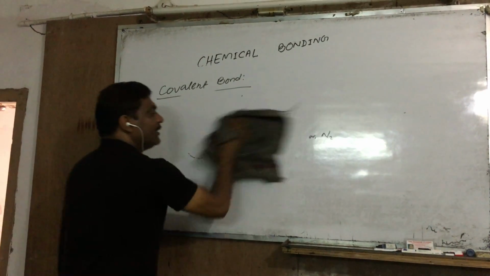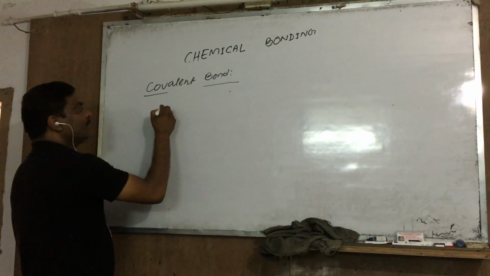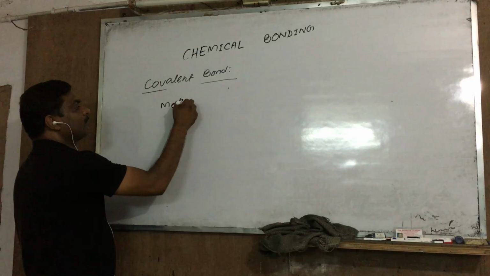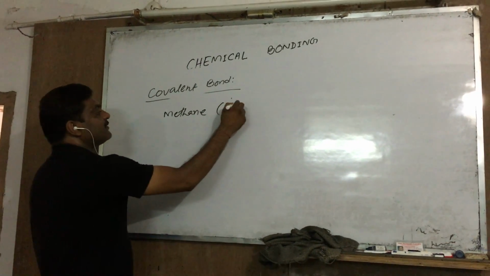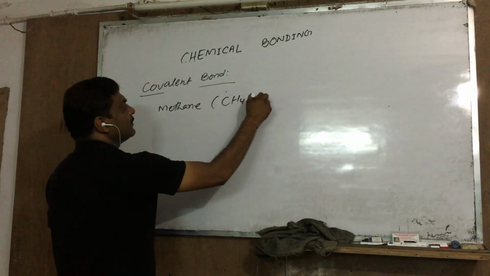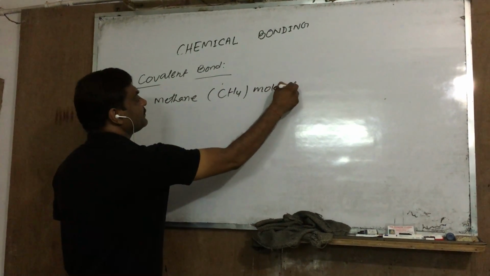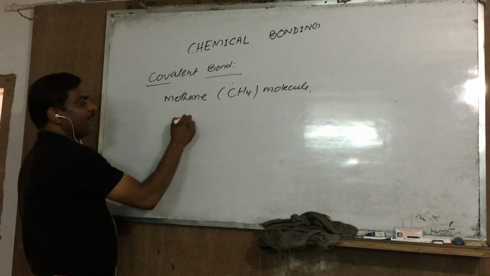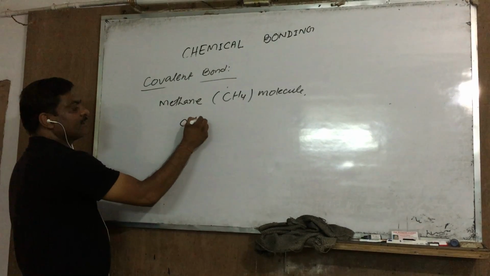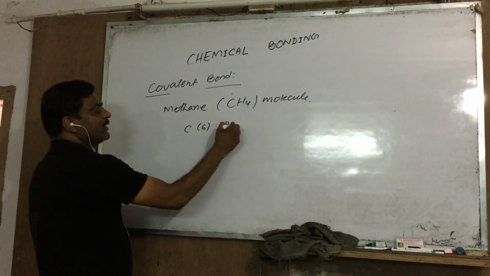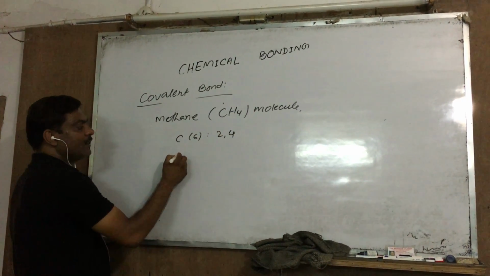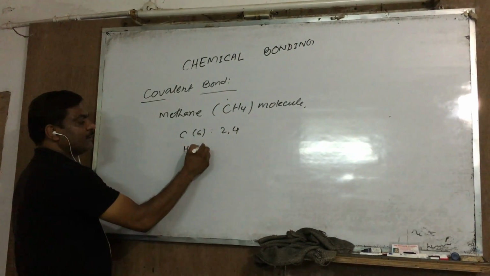Now we are talking about the methane, CH4 molecule. Carbon has atomic number 6. The electronic configuration is 2, 4. Hydrogen has atomic number 1.